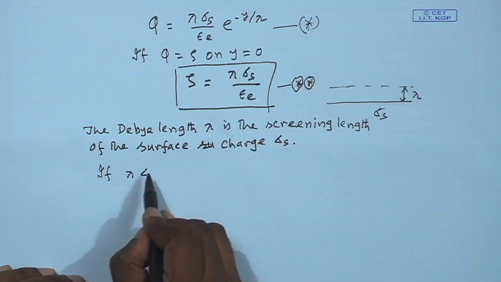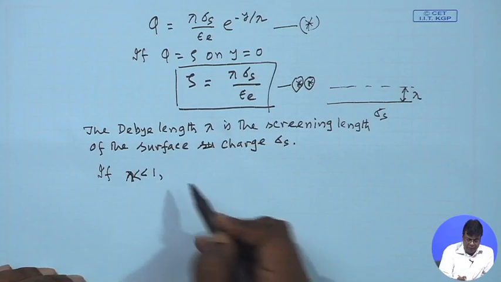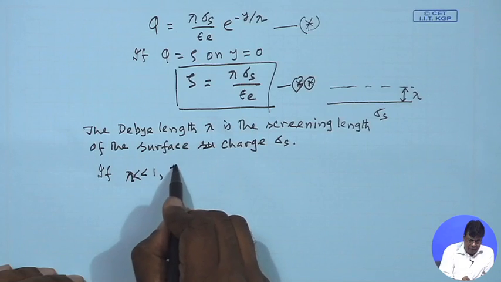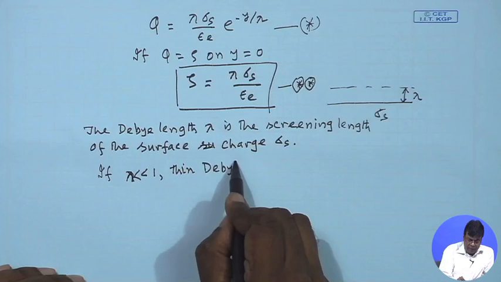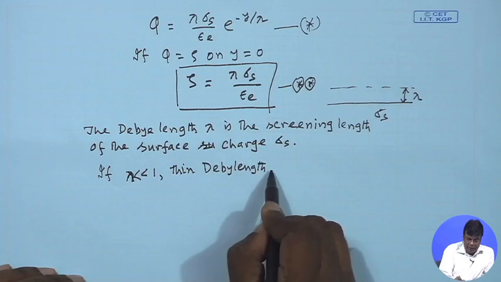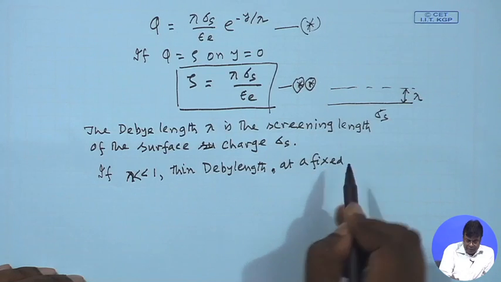Now, one deduction from this relation, which we call double star: from double star, the relation between zeta and lambda shows that if lambda is low, which is normally the case, for a thin Debye length, zeta is low at a fixed sigma s.